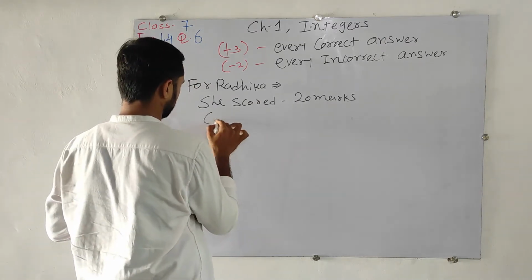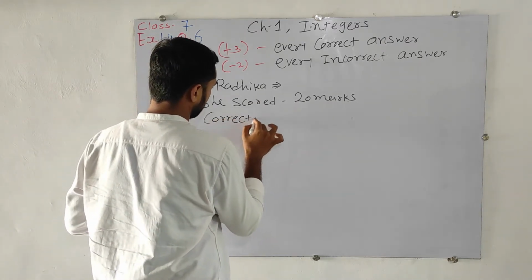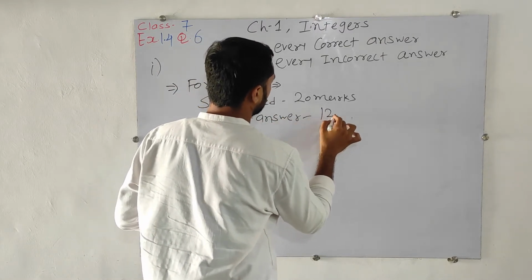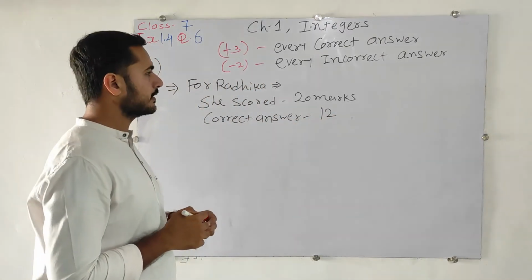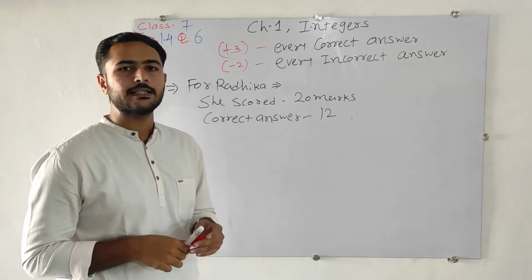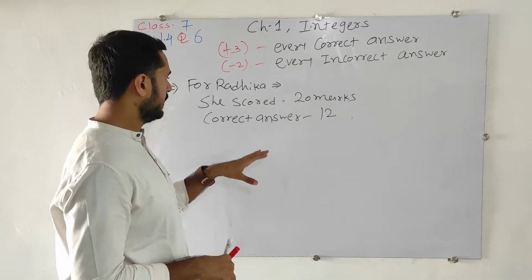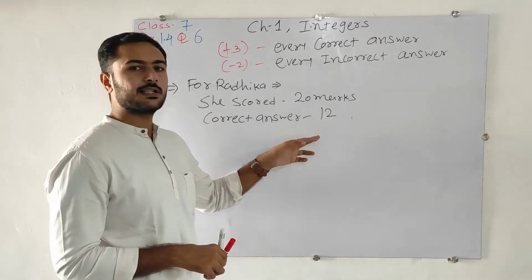So correct answers are 12. Now we have to find out how many incorrect answers she has attempted. So how will we do? First of all, we will find the total marks for the correct answer.